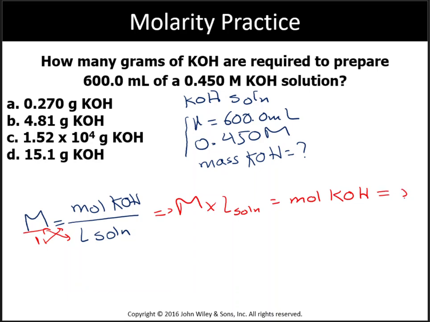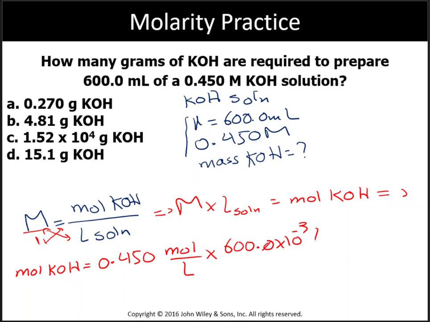So moles of potassium hydroxide is the molarity, which is 0.45 mole per liter, times the volume, which is 600 times 10 to the negative 3 liters. So liters and liters cancel out, and we end up with the number of moles of potassium hydroxide.